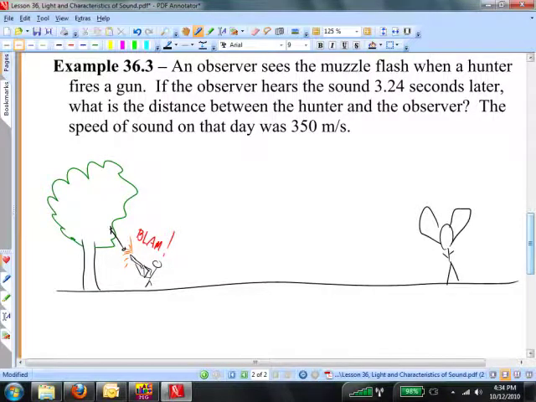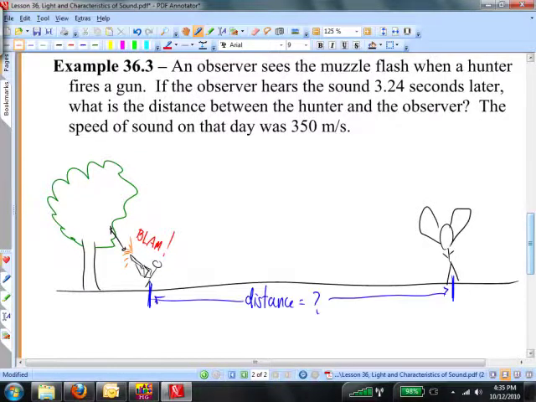And the observer sees the muzzle flash when the hunter fires the gun. The speed of light is 3 times 10 to the 8th meters per second. That light essentially travels instantly from the gun to the person who's listening. We're trying to figure out how far it is between the hunter and the observer.